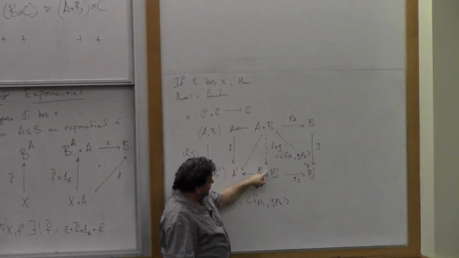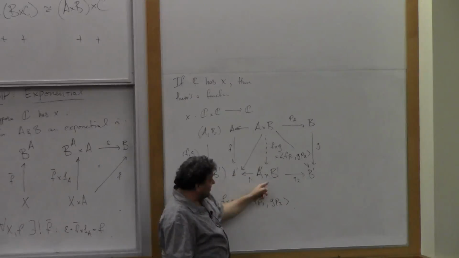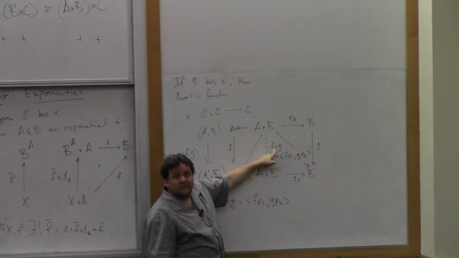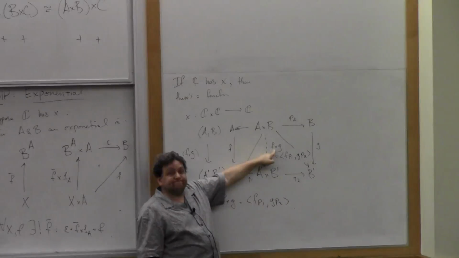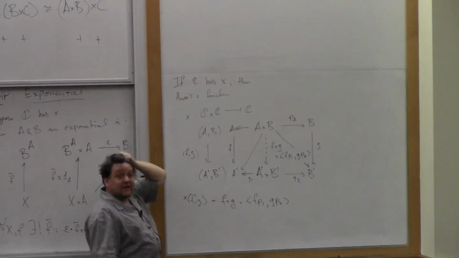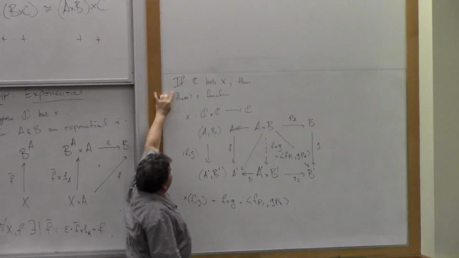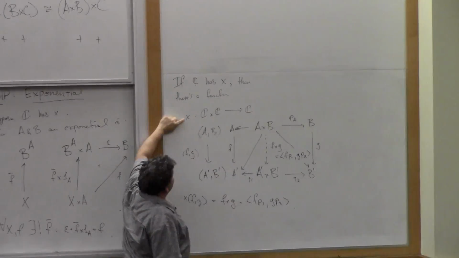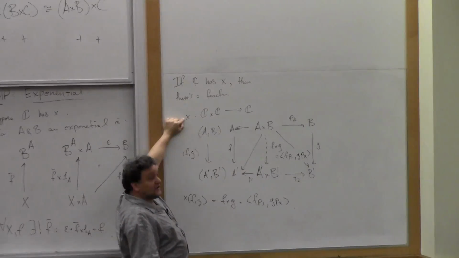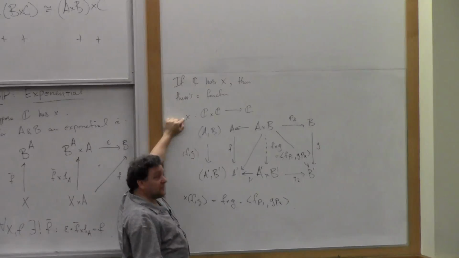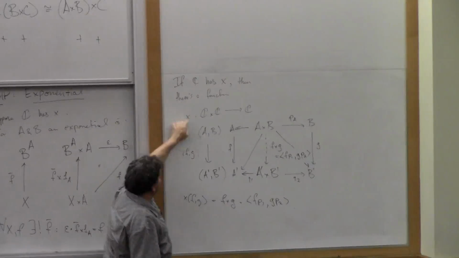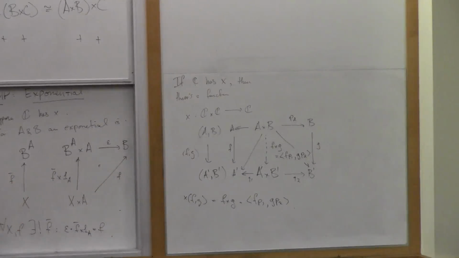Well, that map that exists by the fact that this is a product, I name F cross G. So that's the specification, just in terms of the product structure. So if I know that the category has products, then I know that that product operation can be extended to a functor. It can be defined for arrows as well as for objects. And that gives me that operation that I use.